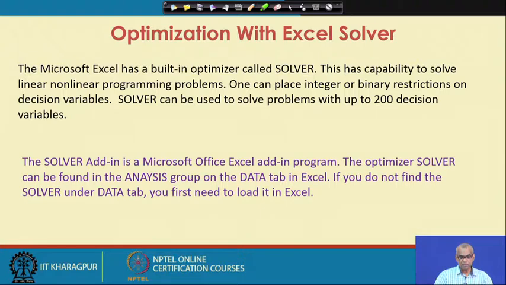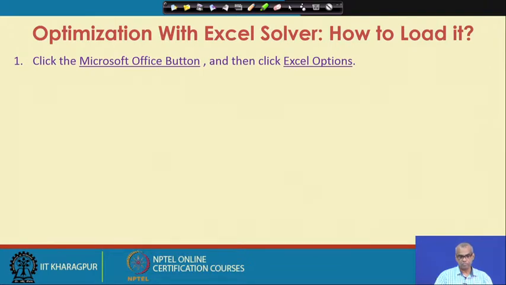The solver add-in is a Microsoft Office Excel add-in program. The optimizer solver can be found in the analysis group on the data tab in Excel. If you do not find the solver under data tab, you first need to load it in Excel, and we will see how to do that. So, how to load solver in Excel? Click the Microsoft Office button and then click Excel option.